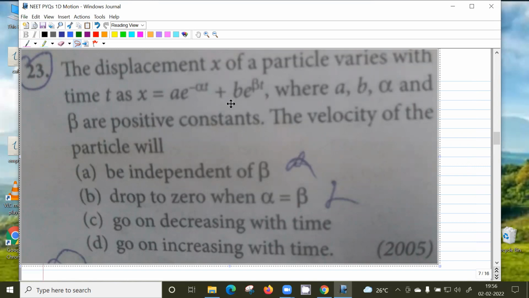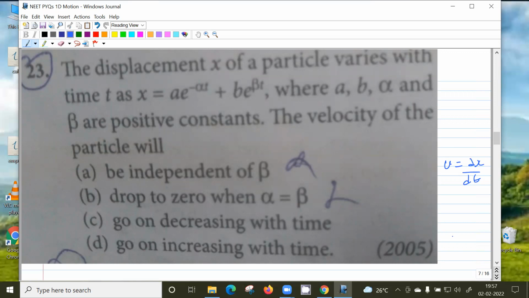Expression of particle values. Oh, this is very simple. Based on the graph, we have to answer. You just have to find the velocity. How is velocity related to x? V is dx by dt.